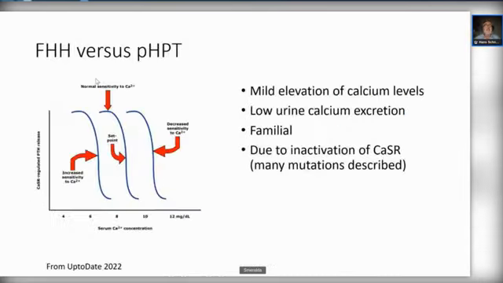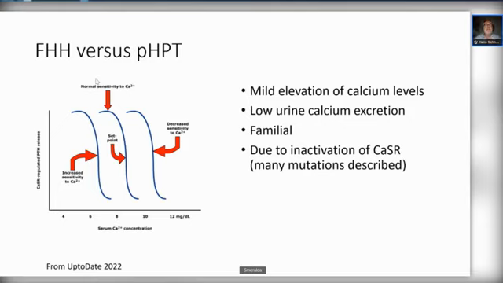Next slide, please. This is to discuss familial hypocalciuric hypercalcemia, which is a mutation in the calcium sensing receptor. What you see in this slide is that when you increase your calcium, you lower your PTH release from the parathyroids.